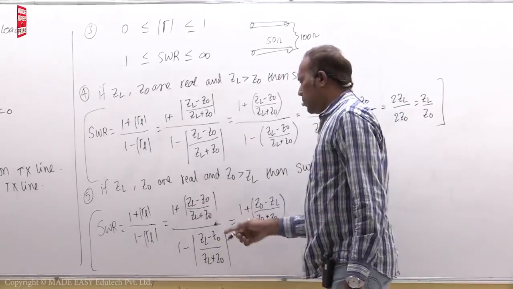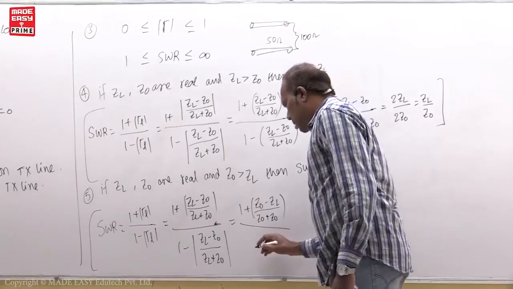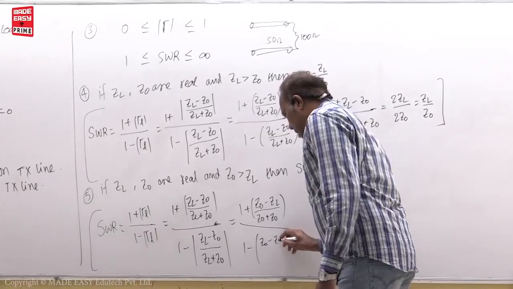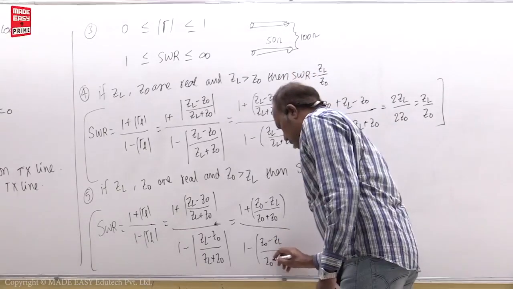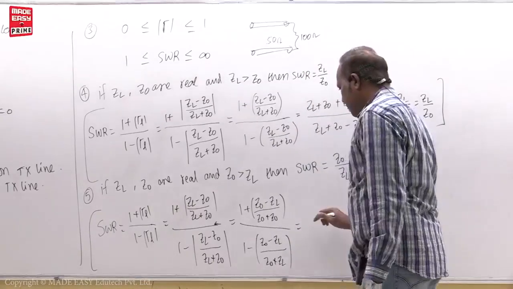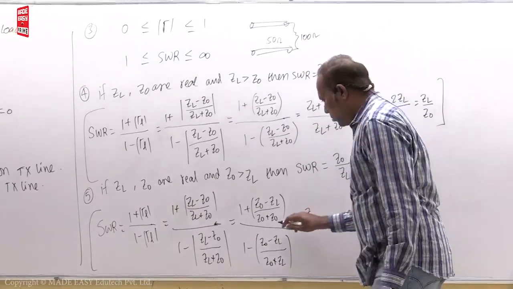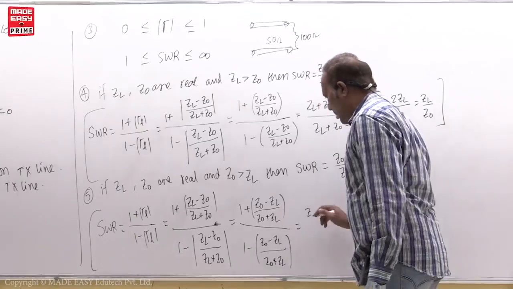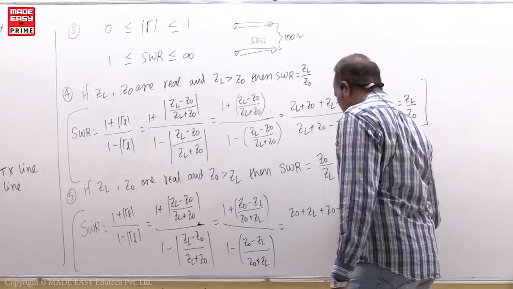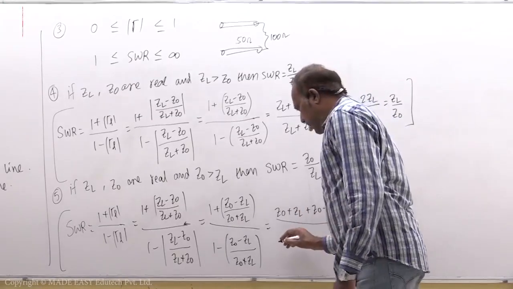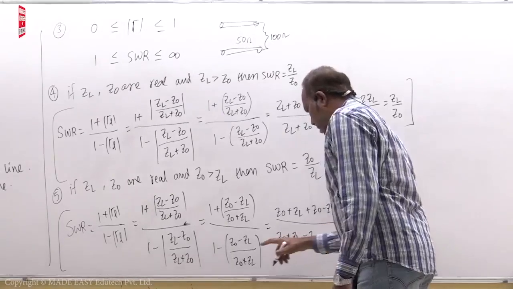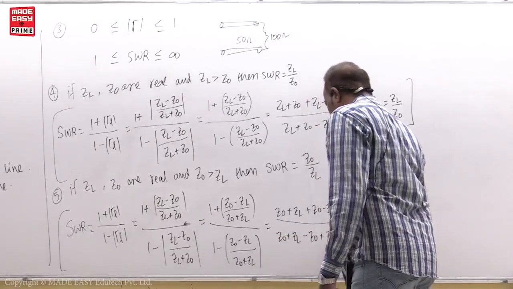So this is reversed. Z0 minus ZL is written, and 1 minus Z0 minus ZL divided by Z0 plus ZL. So that is equal to, now here Z0 plus ZL, so Z0 plus ZL plus Z0 minus ZL divided by Z0 plus ZL minus Z0 plus ZL.